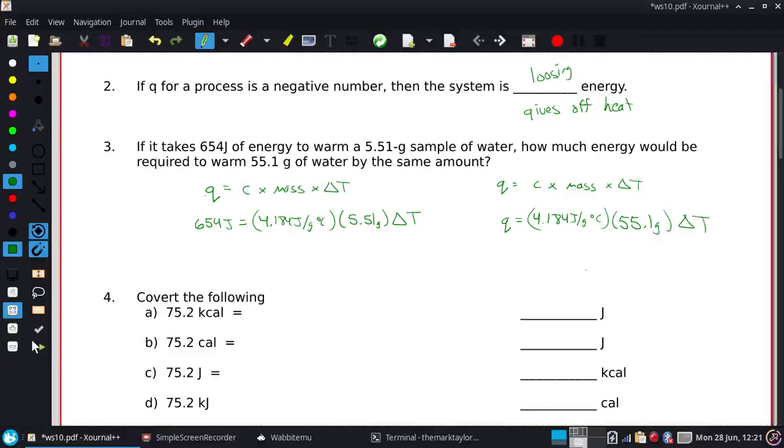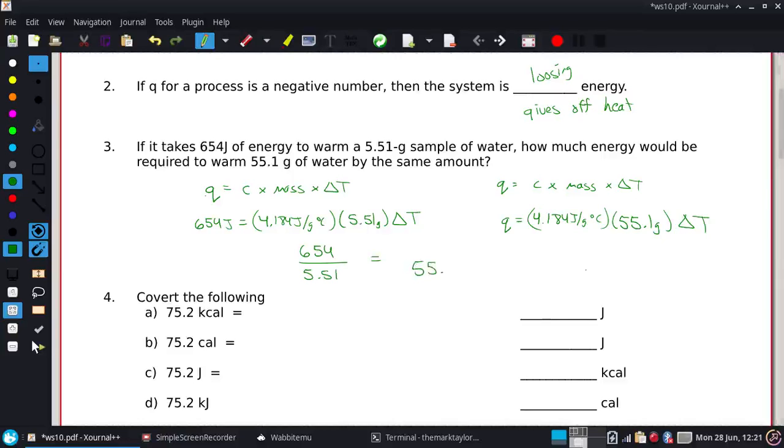All right, but nice thing about math and the trends, if we look at it, since the 4.184 and the delta T are kind of constants between these two, we're kind of looking at the ratio between our Q and the mass.